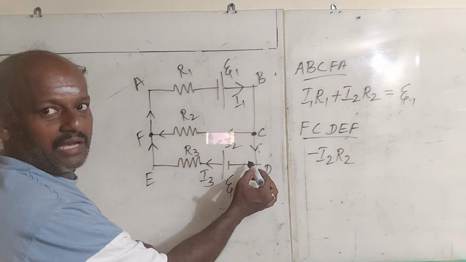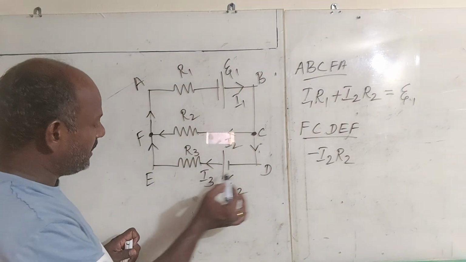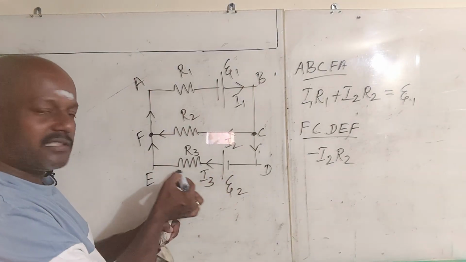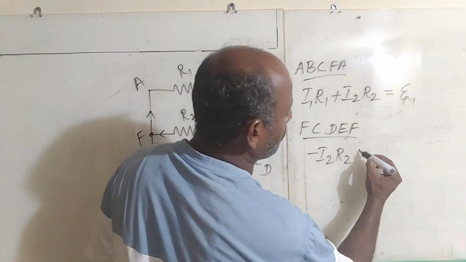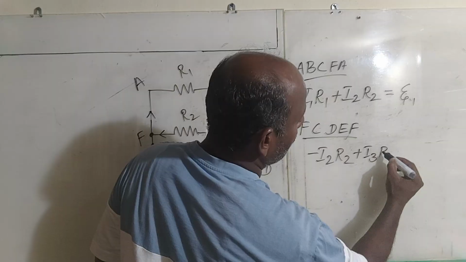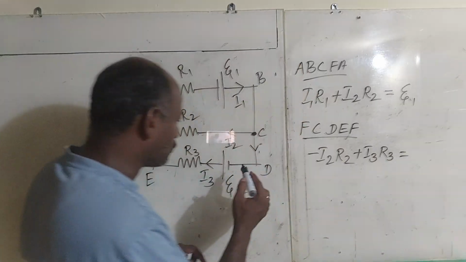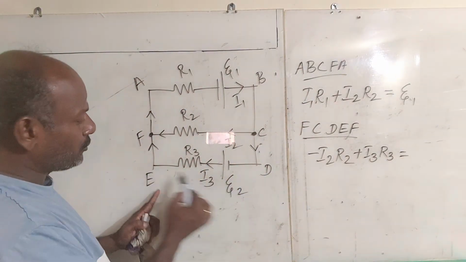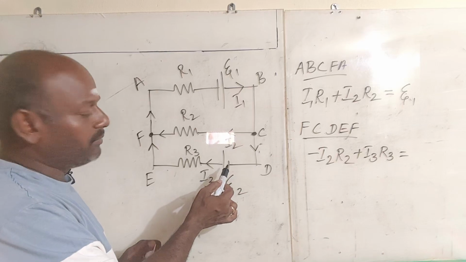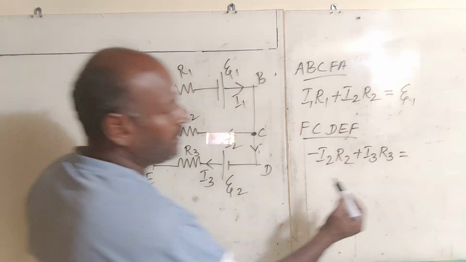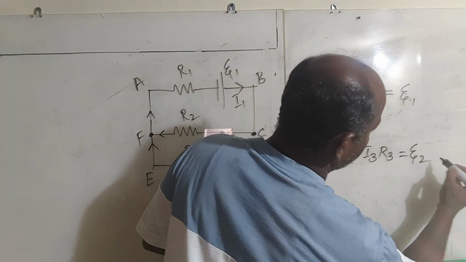Then from C to D, it doesn't have any component, and moving from D to E, I am moving along the direction of the current. So that will be plus I3 R3, equal to. When I am moving from D to E, the potential goes from lower to higher, so it will be equal to positive E2.